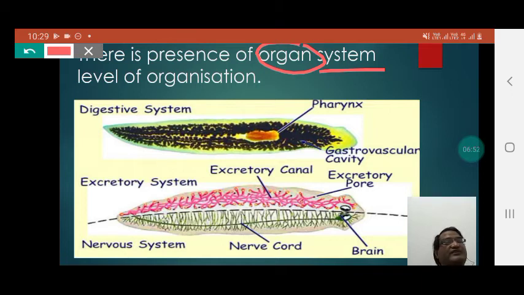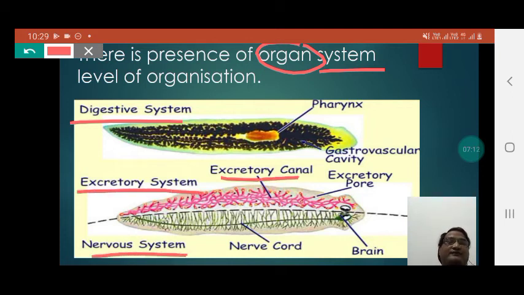Initially we noticed that in the porifera and in the coelenterata there was complete absence of organs, but in the platyhelminth we can find the digestive system, the excretory system, and the nervous system.